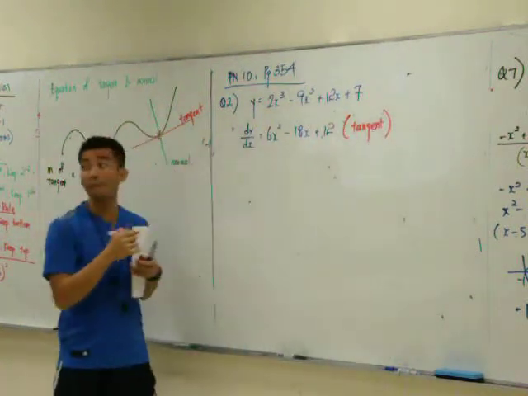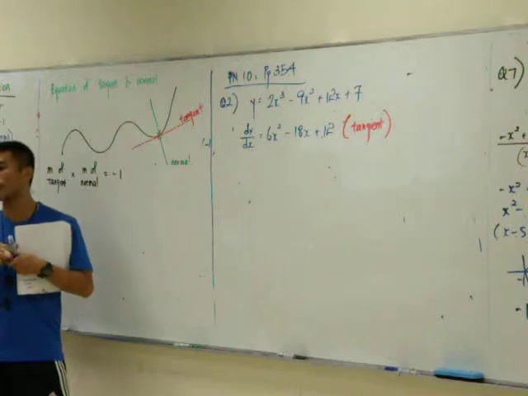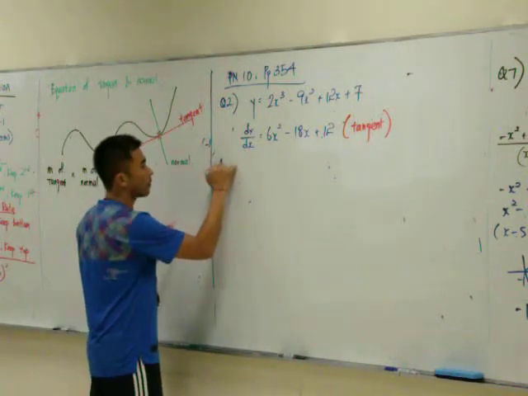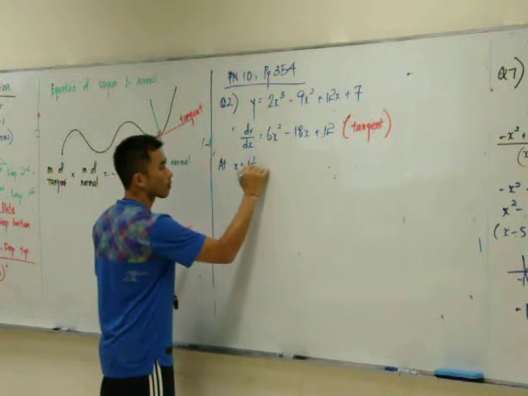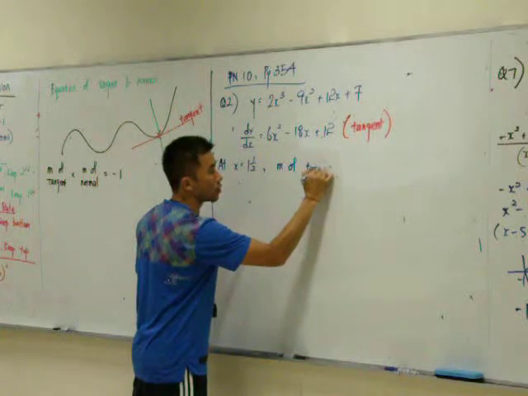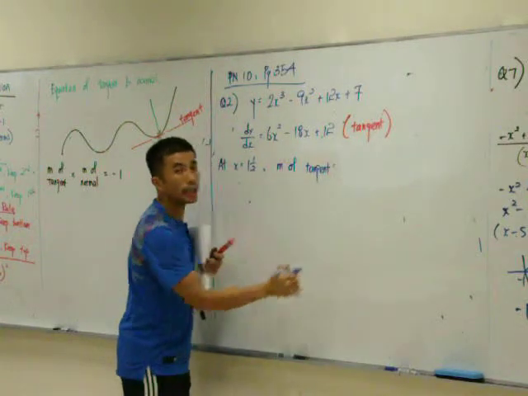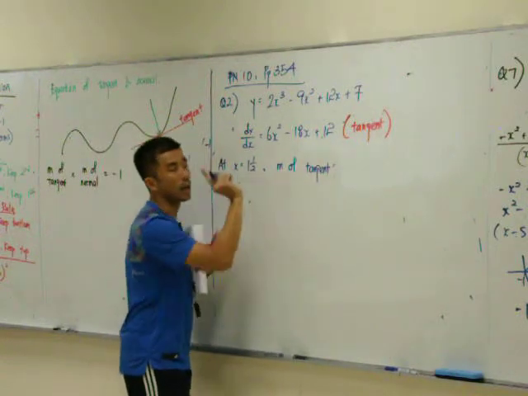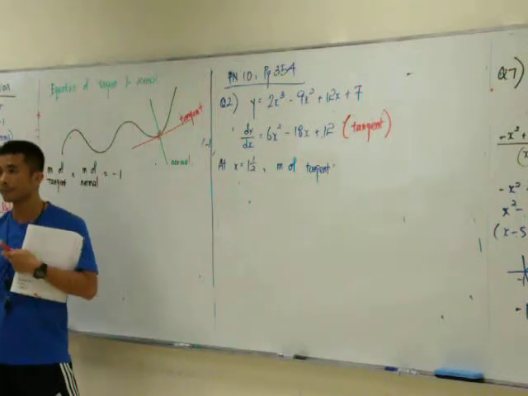Remember, whenever you do your first derivative, it's always for the tangent. At which point? At the point x is equal to 1.5. Find the gradient of tangent. How can we do this? Substitute 1.5 inside the expression over here.